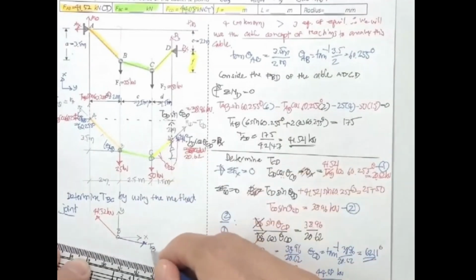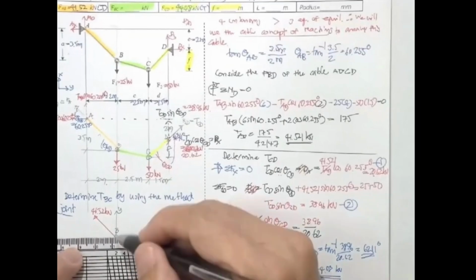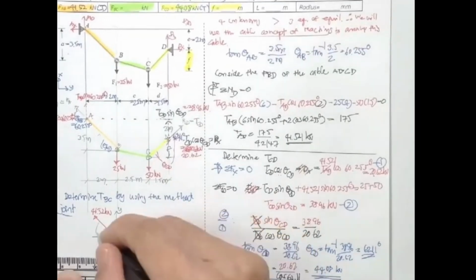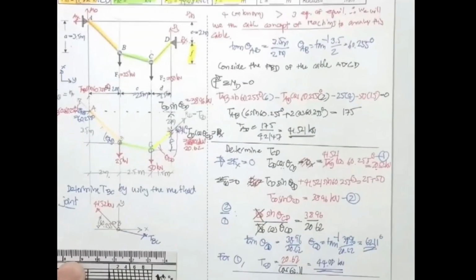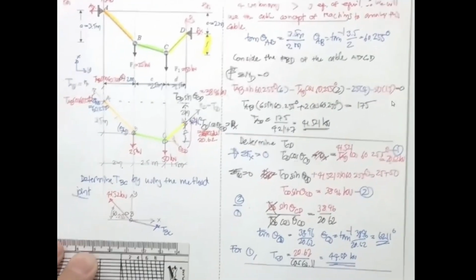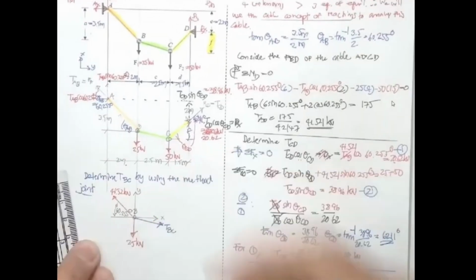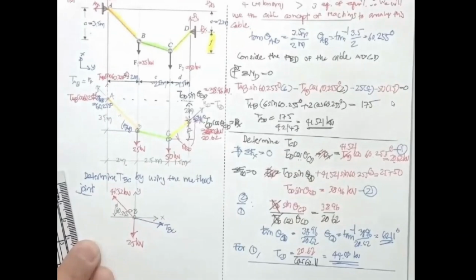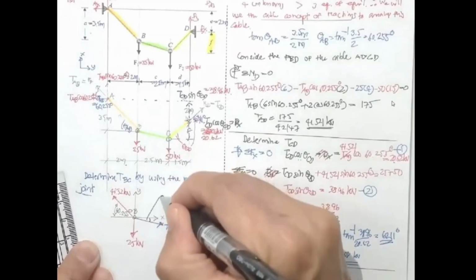Next, we have the angle over here. Theta sub AB is 60.255 degree. And then the reaction in X over here is going to be 25 kilonewton. And then what we don't have over here is theta sub BC.